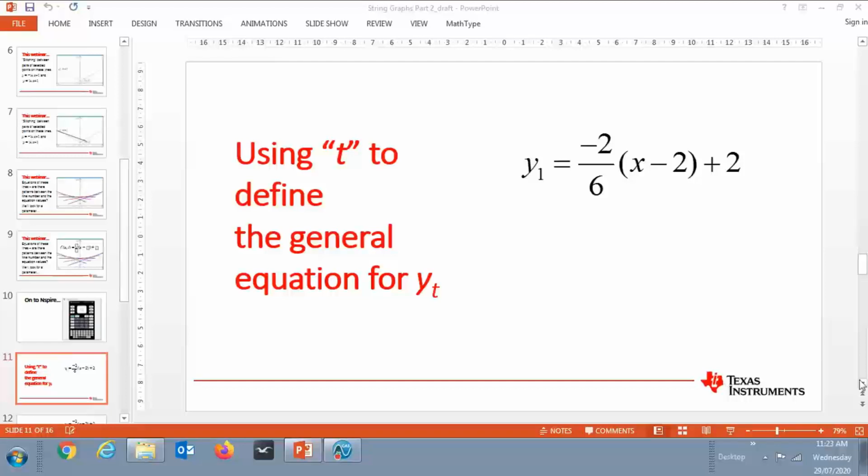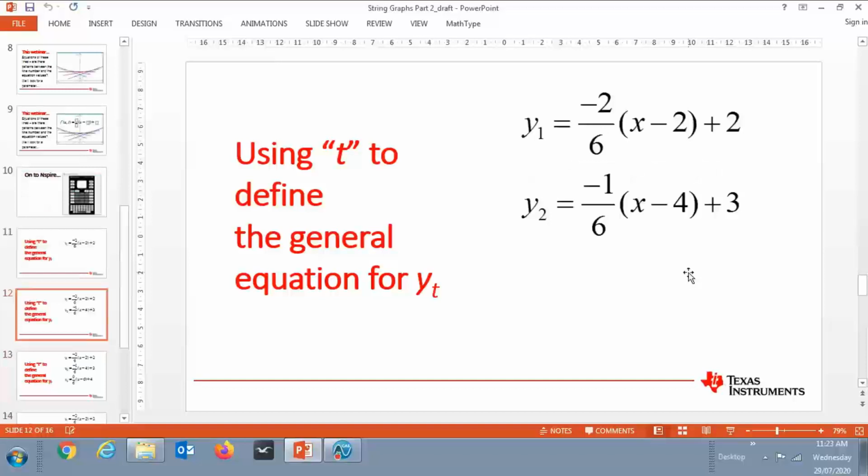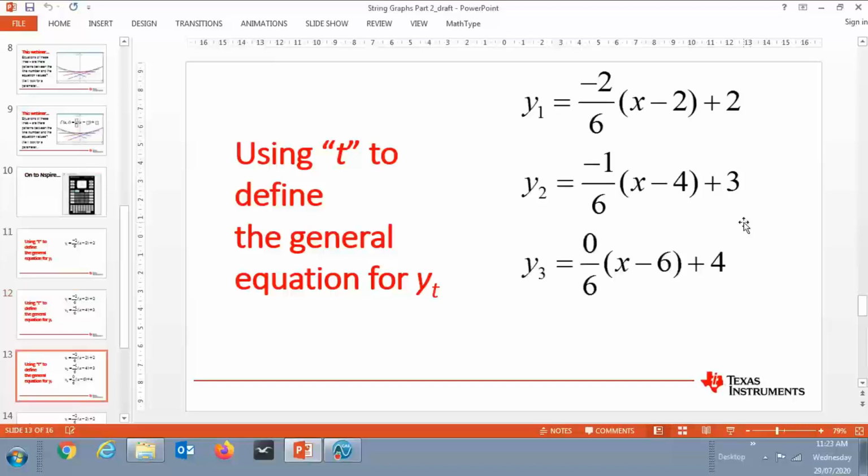And here's our second line. Y equals negative 1/6 x minus 4 plus 3. That was y2. And y3, instead of just being 0, I've called it 0 over 6.